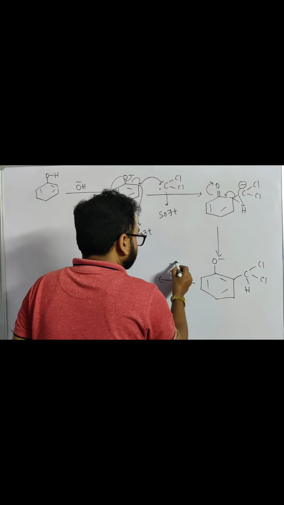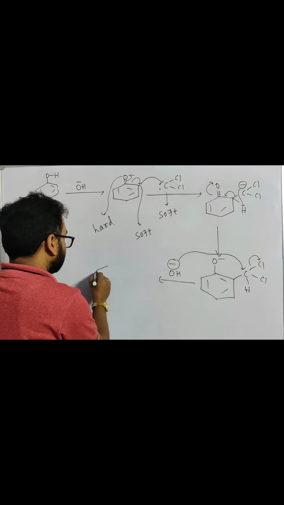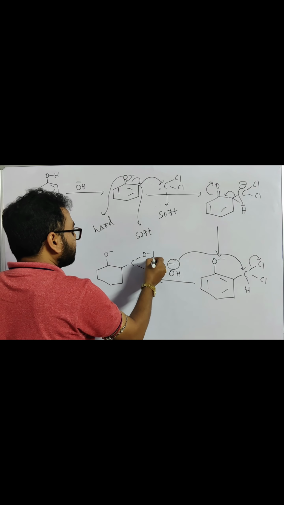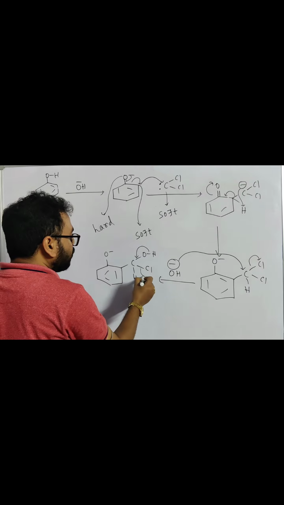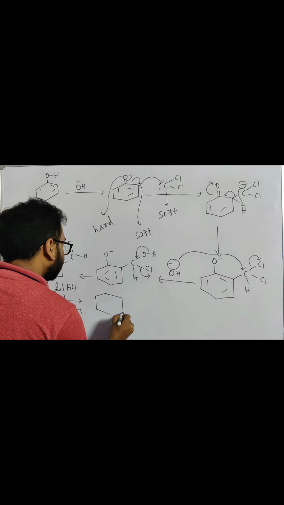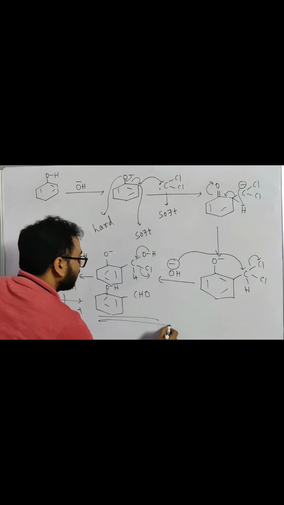Now the base will attack this carbon and the chlorine will leave. Here Cl, one OH and hydrogen are present. This way the bond will move and chlorine is again left out, so we will get this product. After reaction with dilute HCl, or you can write H3O plus, we will get this product as the major product.